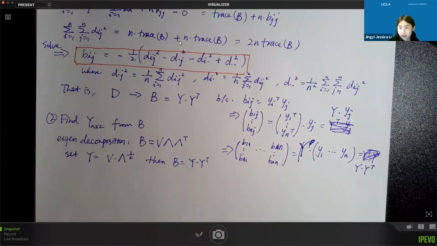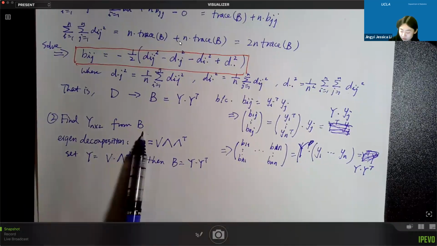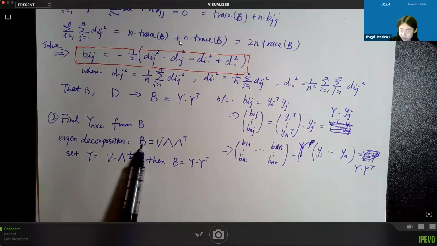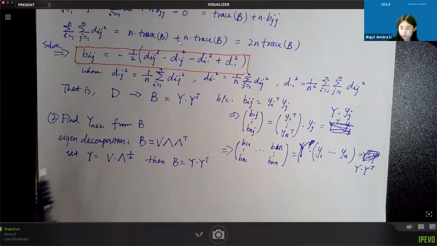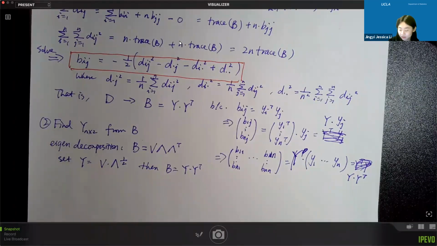As long as in this lambda you have more than 2 non-zero eigenvalues, you're fine. So you can have this thing as an n by 2 matrix. You can try the MDS in R and try the toy example in the R package, and you can see it's very interesting.